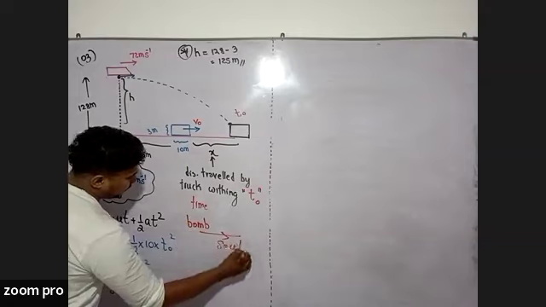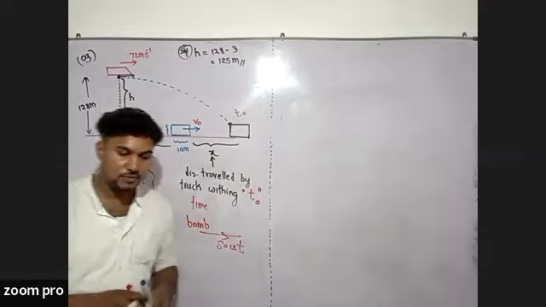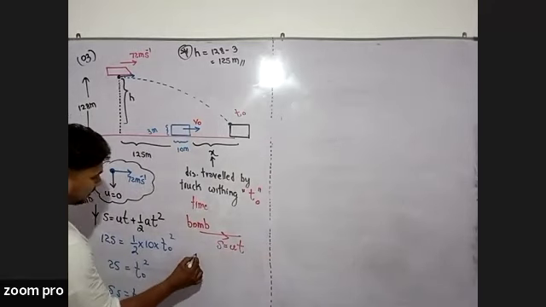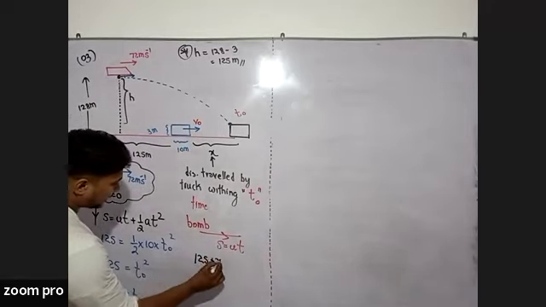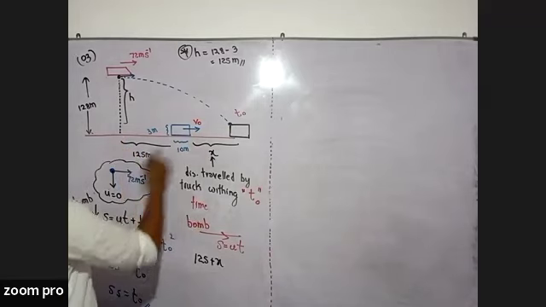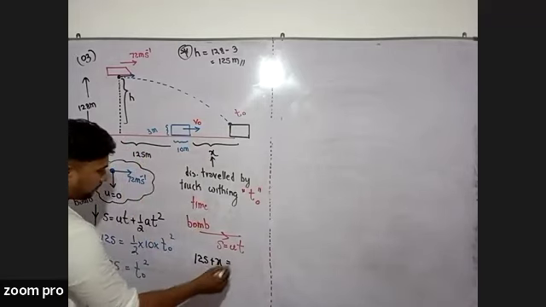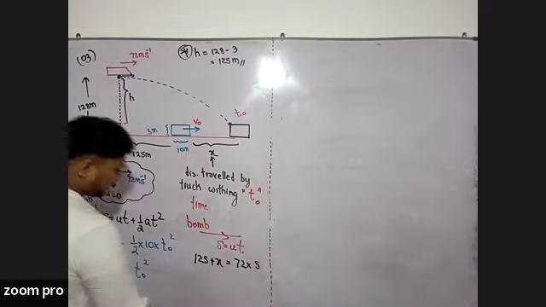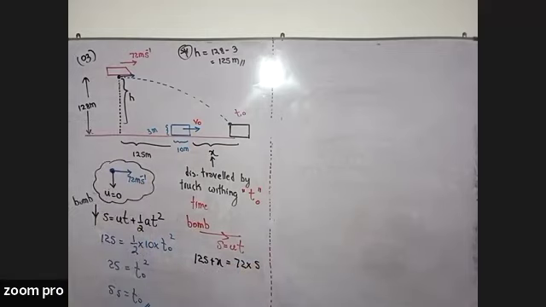Right. So let's apply the same equation for the bomb toward the horizontal direction. This is the equation we are applying for the horizontal motion of a projectile. So x can be obtained as 125 plus x, isn't it? This is the distance traveled by this object, equal to u, which means 72, times t, which means 5 seconds.